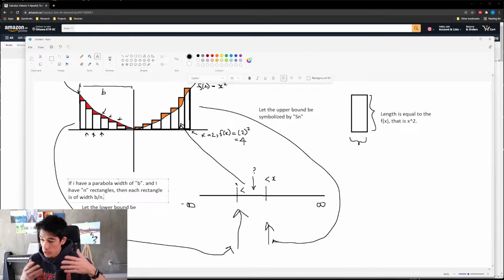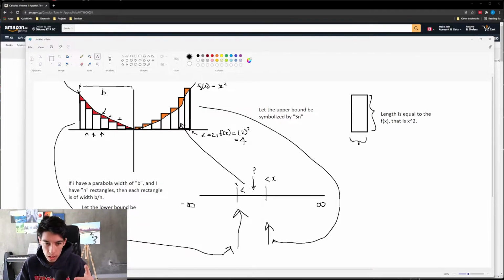If there are n rectangles that span the width b, then each occupies a fraction, an nth, of the total width. So now we know that the width is equal to b over n, and we know that the height is equal to x squared.